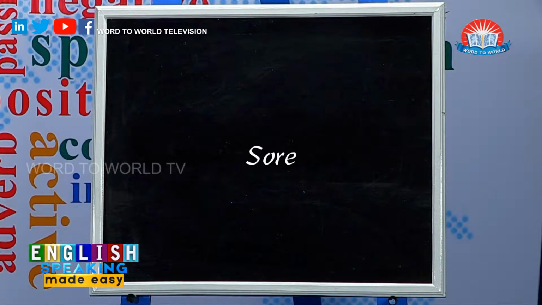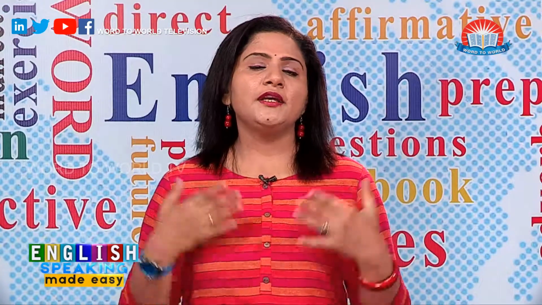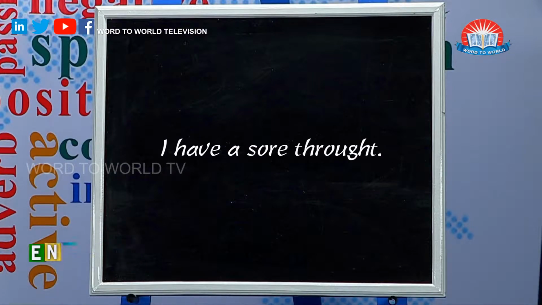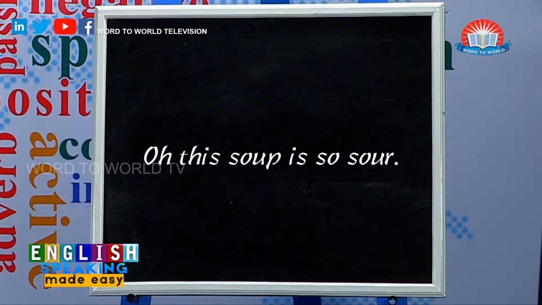Sour, but if we have a problem with the throat, it is called S-O-R-E, sore. If your throat is giving you a problem, you say, I have a sore throat. Sore, sore throat. But if it's S-O-U-R, we say, oh, the soup is so sour. Sour. One is sour and the other is sour.